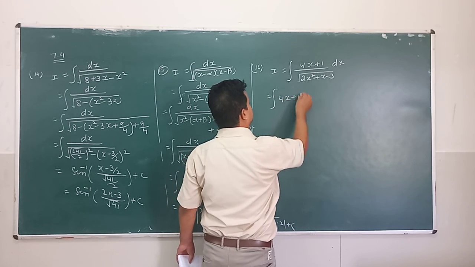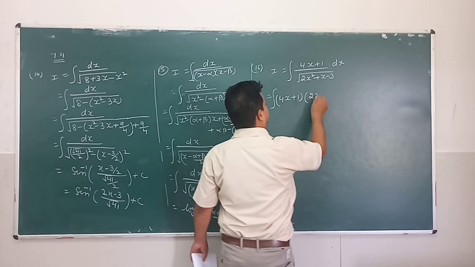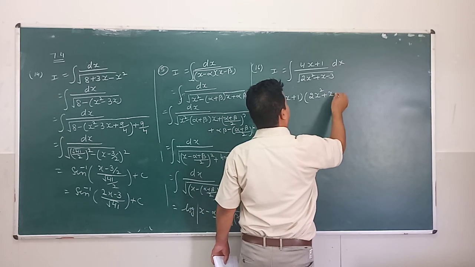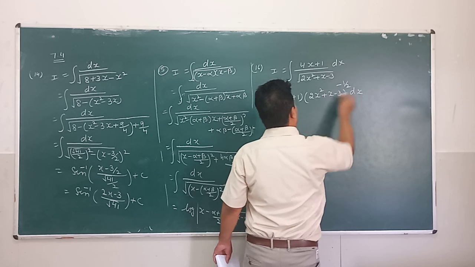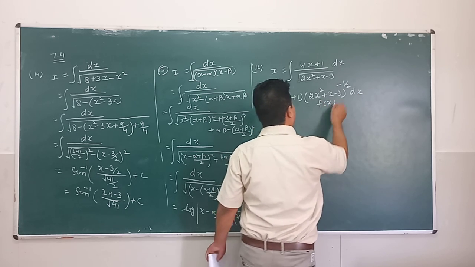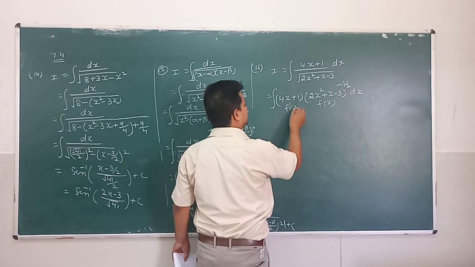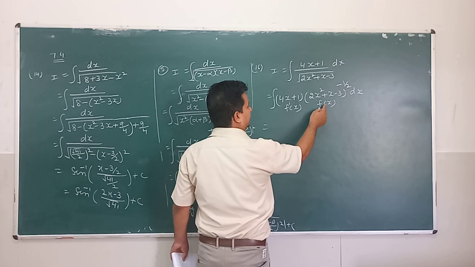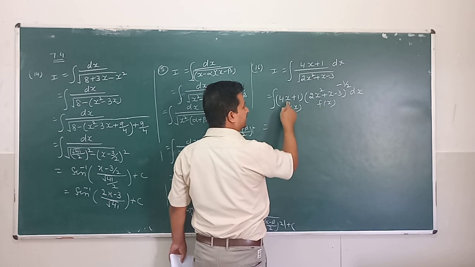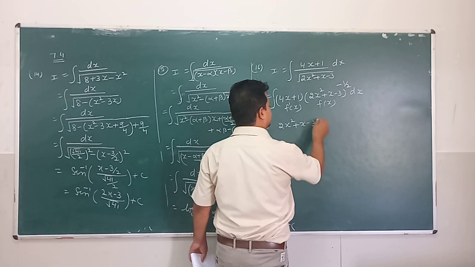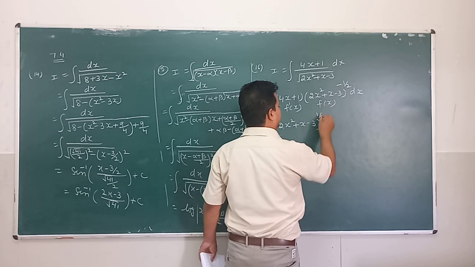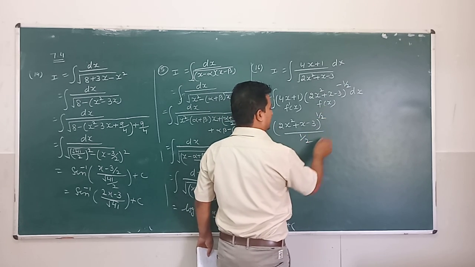So in this question, first we take this in the numerator, this is minus half. So this is f x and this is f dash x. So the derivative of this function is here. So we use 2x square plus x minus 3, add 1 to this power, so this is half, divide this.